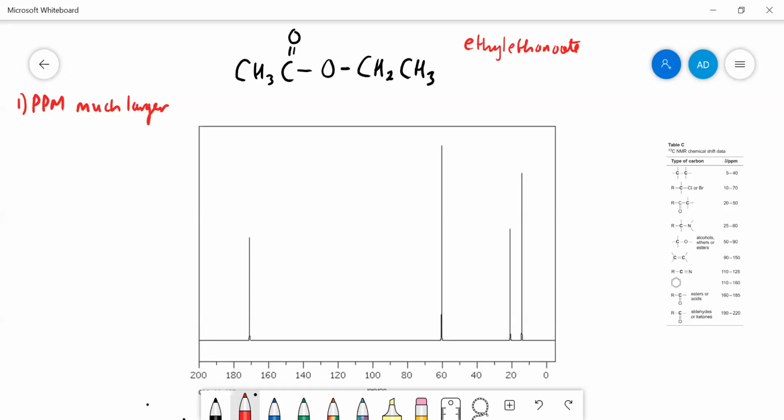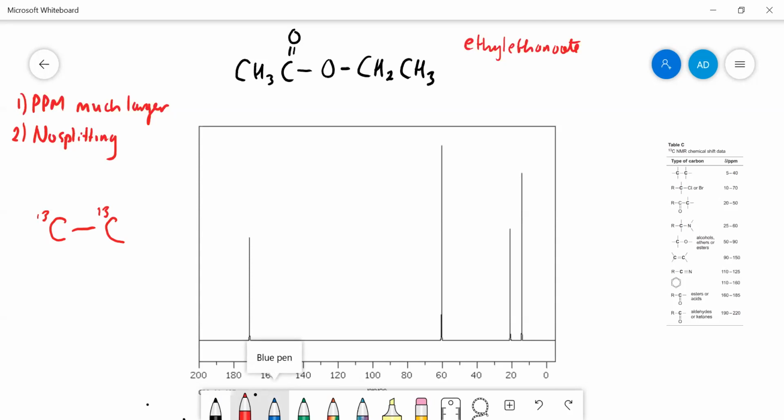Another thing which is fairly immediately obvious is no splitting. You don't get splitting of the peaks in a 13C spectrum, and the reason is that for splitting to occur, you'd need to have two carbon 13s next door to each other.